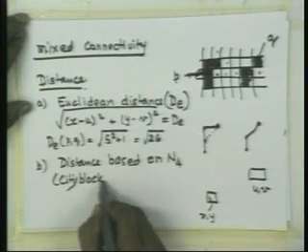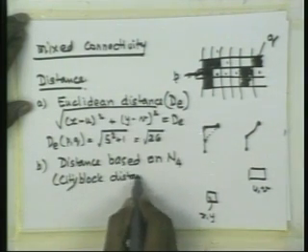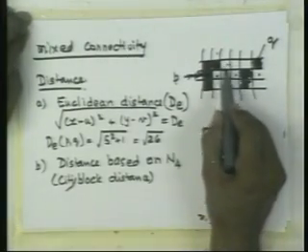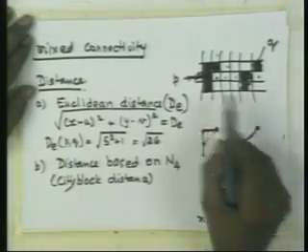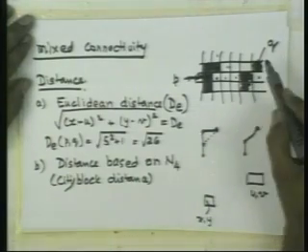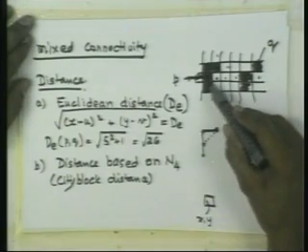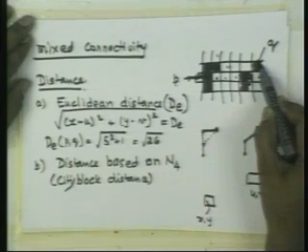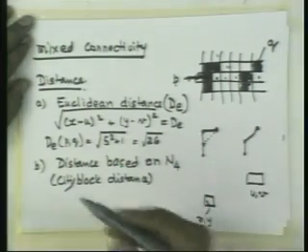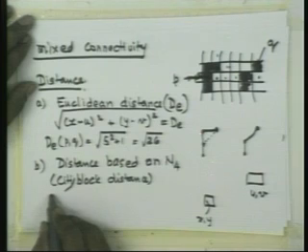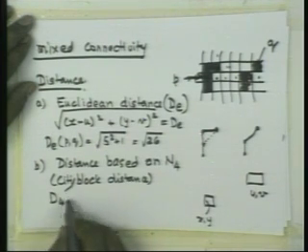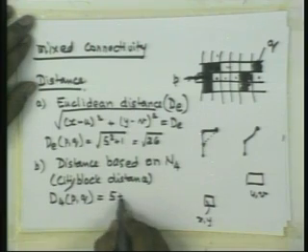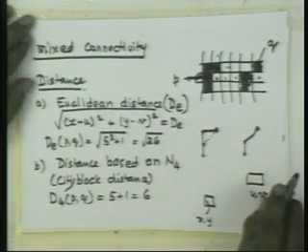You imagine these to be streets and these pixels to be some buildings. So obviously you can't go through the building. So if you want to come from P to Q, then you have to go 1 block, 2 blocks, 3 blocks, 4 blocks, 5 blocks and 6 blocks. You have to travel 6 blocks. So D4 between P and Q will be equal to 5 plus 1 will be the distance.